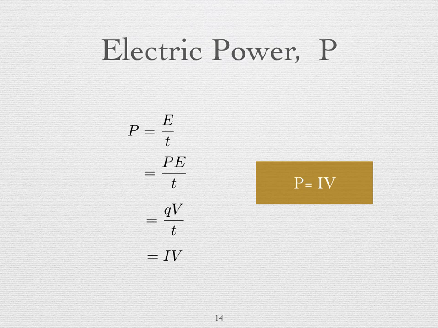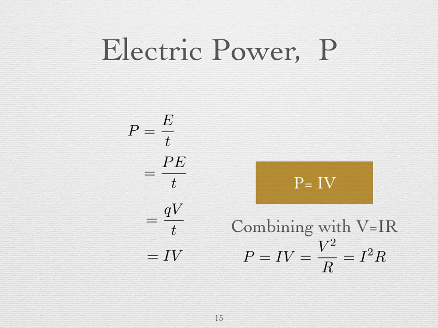So if I want to understand how much electrical power is spent over a resistance, I can simply find the current going through this resistor and the voltage across it, multiply them, and then I get the power. Or I can combine P equals IV with Ohm's law, V equals IR.